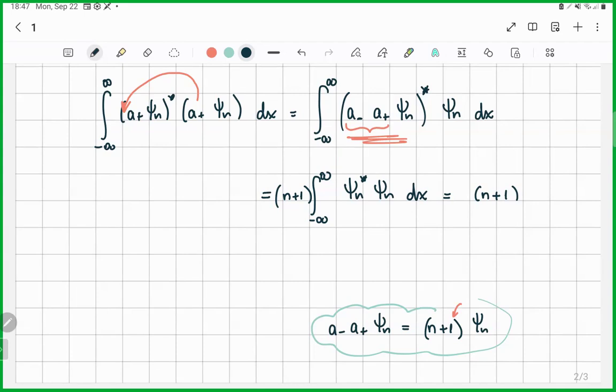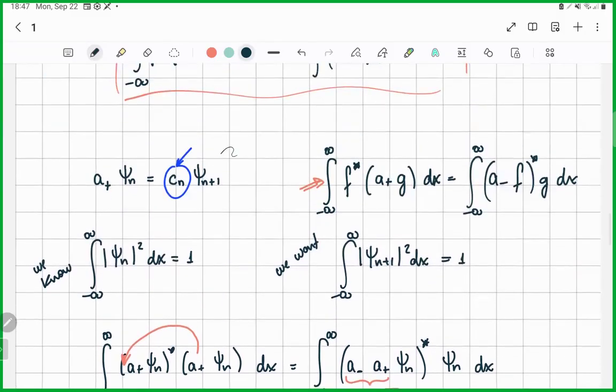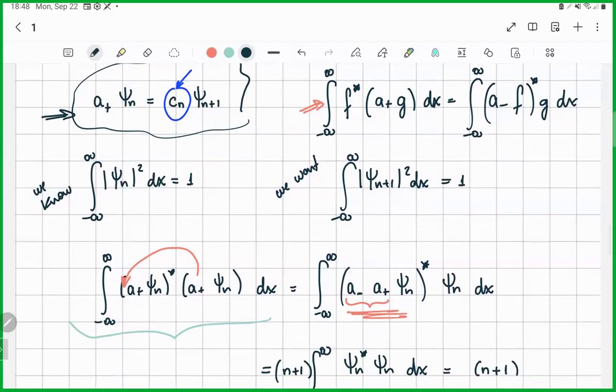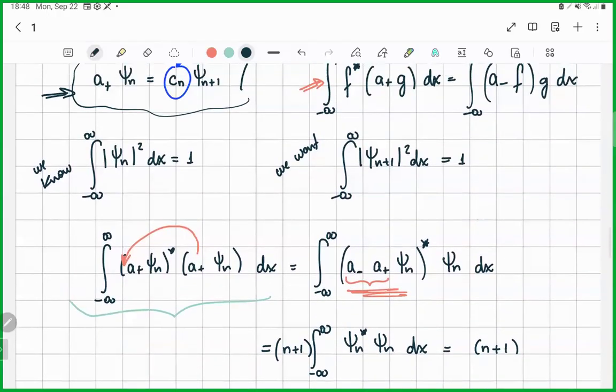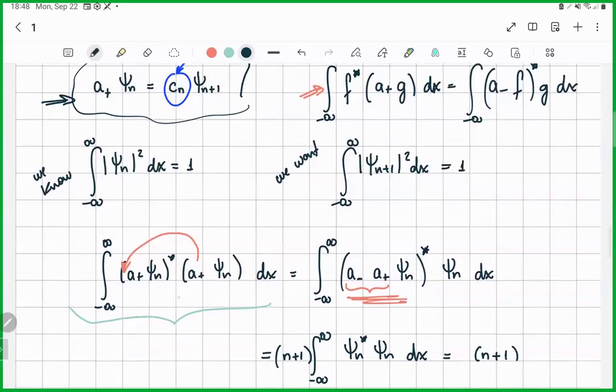Very good. Now, how are we going to proceed with the left side? So how are we going to proceed with this part here? Well, we started by writing the equation like that. Now we are trying to find this Cn. So I'm just going to rewrite this on the left side.